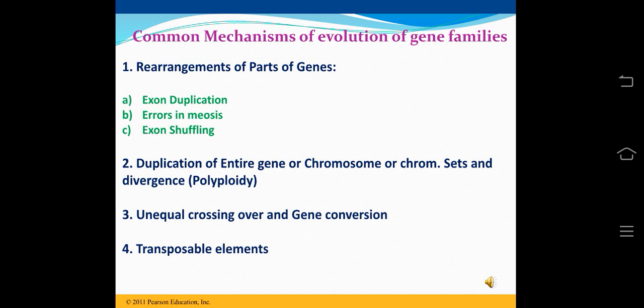So first, these 3 points of exon duplication, errors in meiosis, and exon shuffling come under the portion of rearrangements of parts of genes. Later, duplication of entire gene or chromosome sets and divergence, that is polyploidy. Then unequal crossing over and gene conversion.